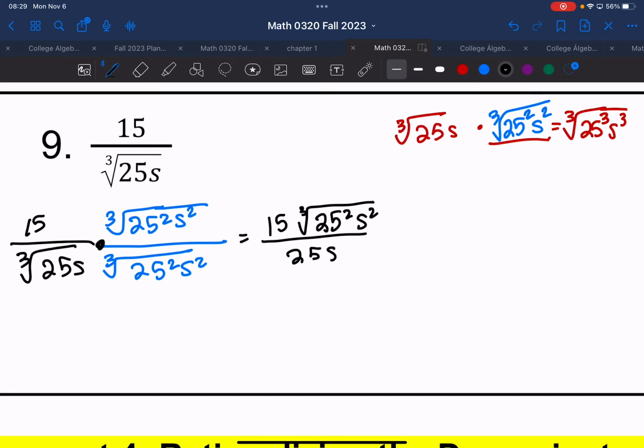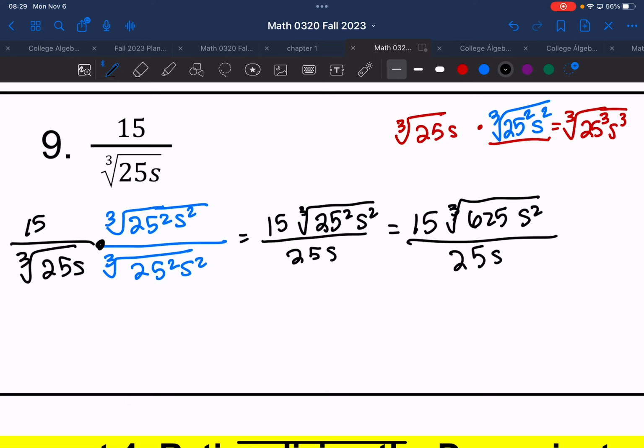So we have 25 squared, and we need to take the cube root of it. So what's 25 squared? Put it in your calculator. 625, okay.